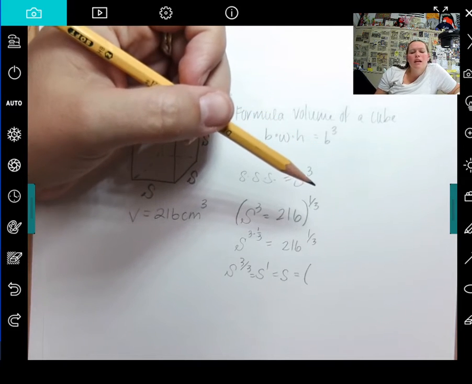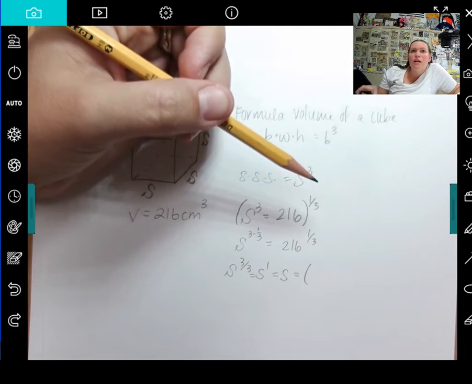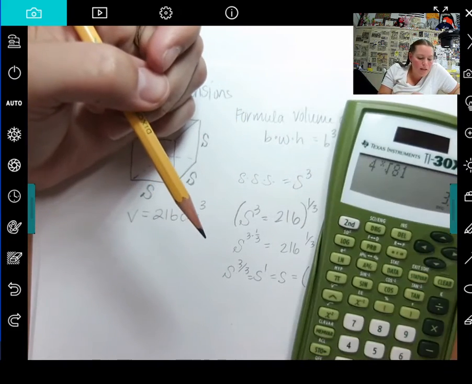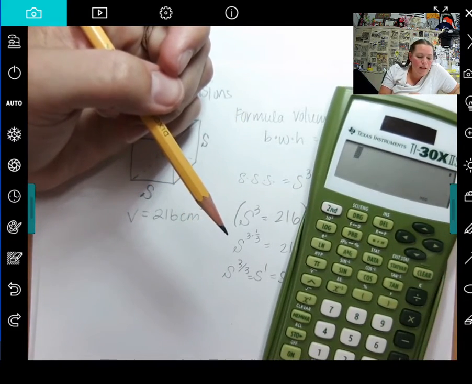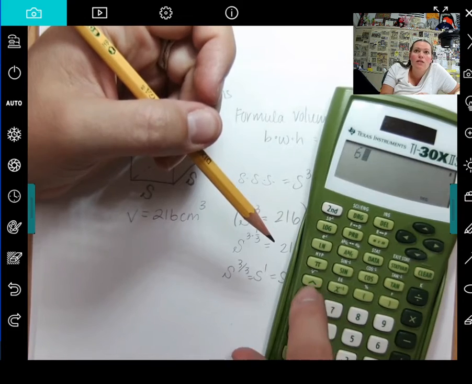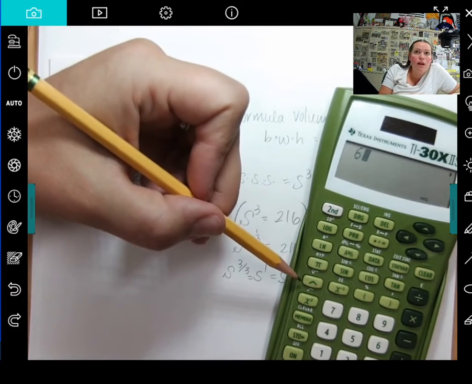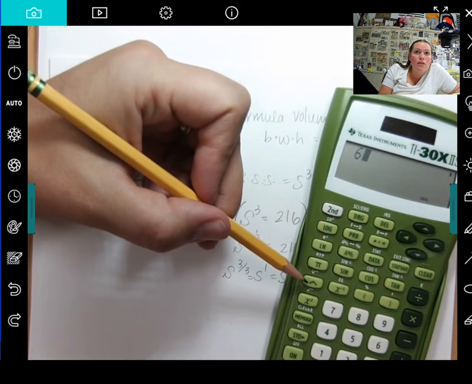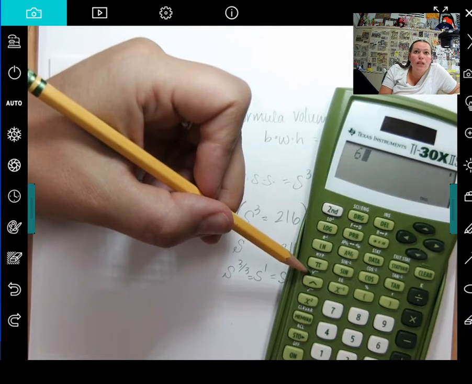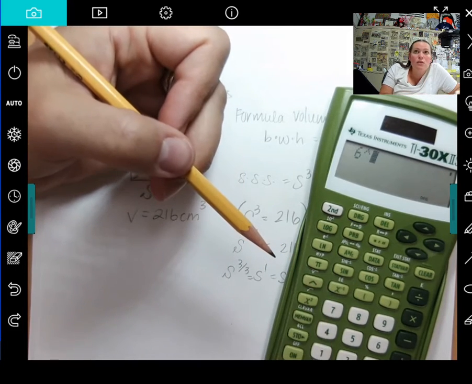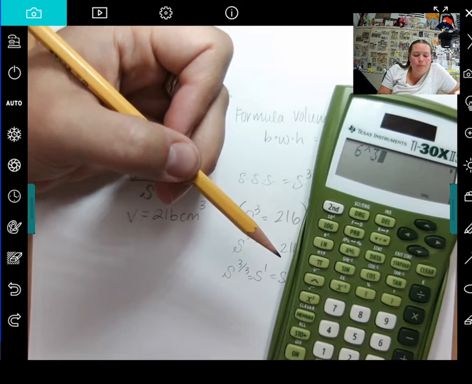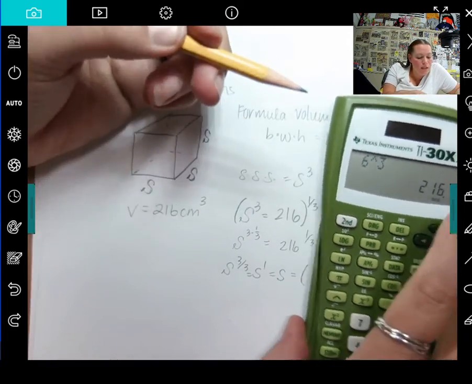So then I thought, okay, well, maybe it's 6. So I tried 6. So in my calculator, I did 6 to the power, so the opposite button, to the power of gives us to the root of. So 6 to the power of 3, and I got 216.